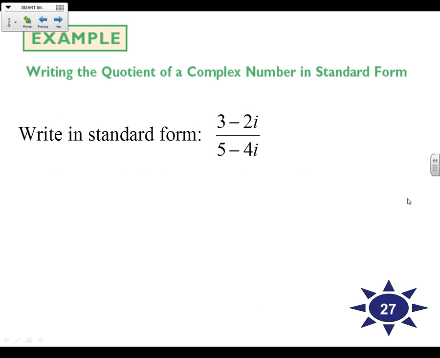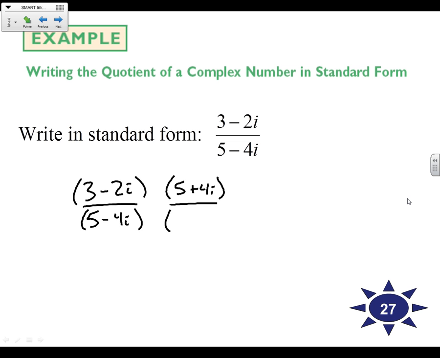Okay, let's try one more. Let's do this one in standard form. 3 minus 2i over 5 minus 4i. We're going to multiply by the conjugate, 5 plus 4i, the conjugate of the denominator. So let's FOIL the numerator. We got 15. Plus 12i minus 10i, and then minus 8i squared.